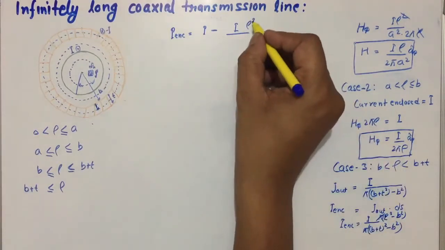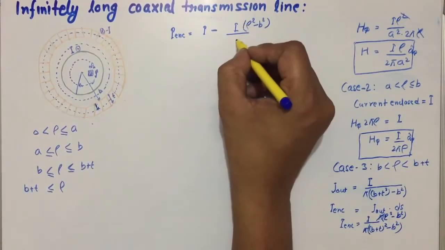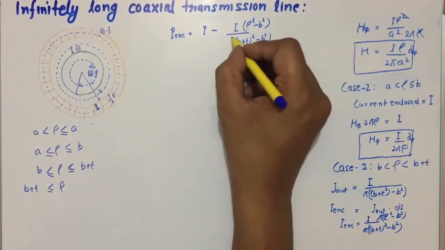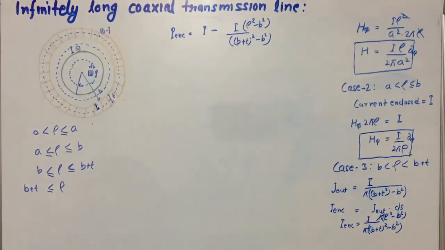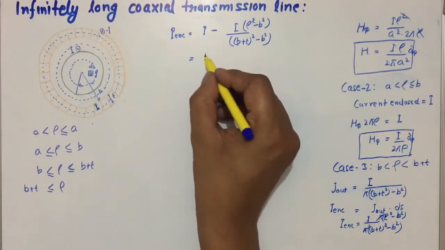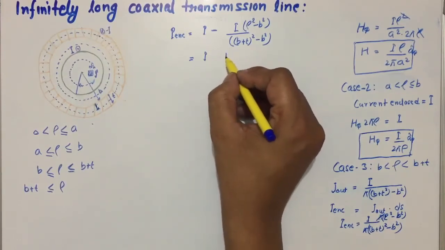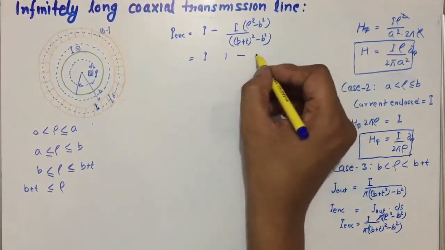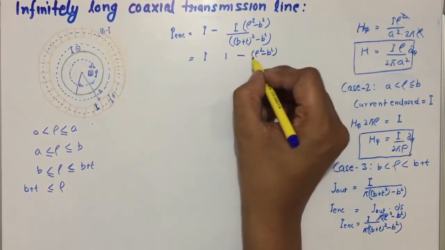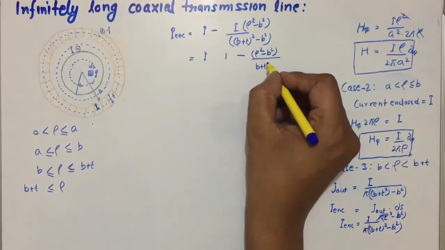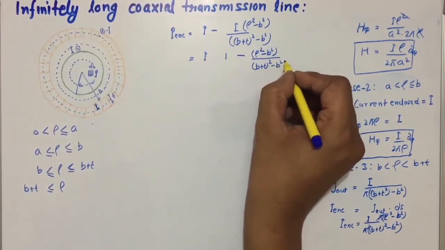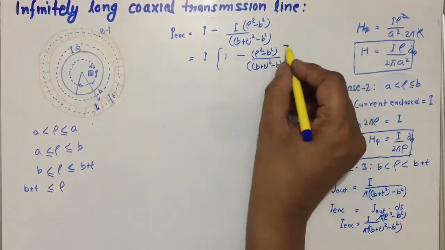So it will be rho squared minus b squared divided by b plus t squared minus b squared. This will be the total current. If we simplify this, keep it as it is: rho squared minus b squared divided by b plus t squared minus b squared. We can keep it like this, don't do anything else.